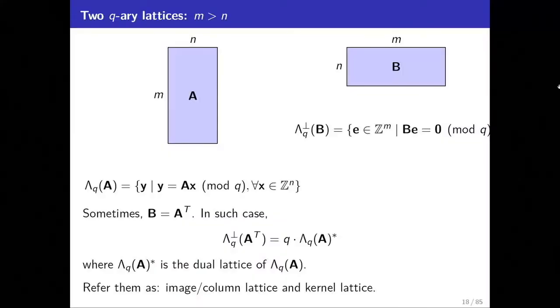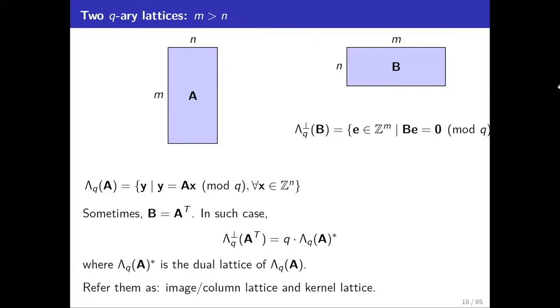If the dimension of the lattice is n, these SVP problems are usually in dimension smaller than n, maybe half of the dimension for some practical schemes. That's pretty much what we need.